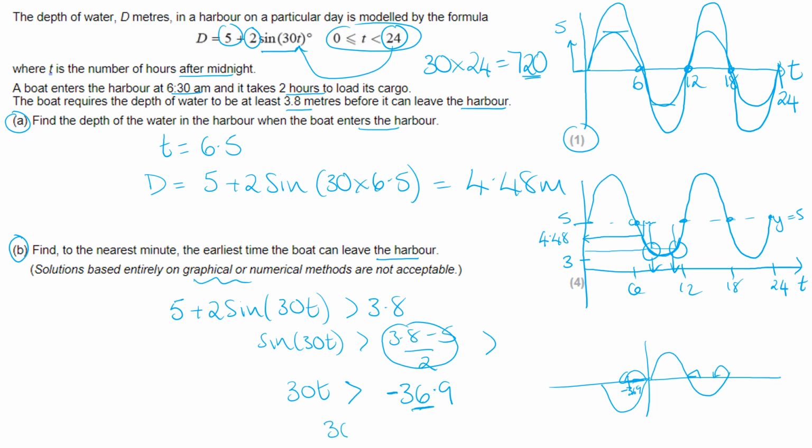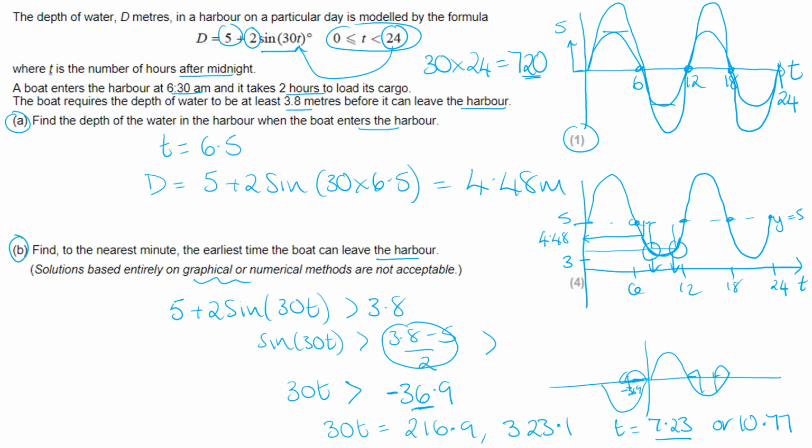So 30t to get those times in terms of the sine graph is going to be where the angle is 216.9 or 323.1. Now if we divide by 30, t at those times is going to be 7.23 or 10.77. Now obviously if we've arrived at 6:30 and we need to let 2 hours go, that's going to be 7:30, 8:30.